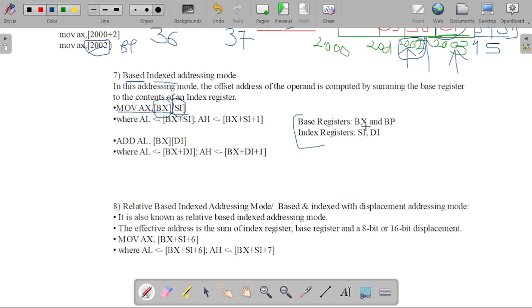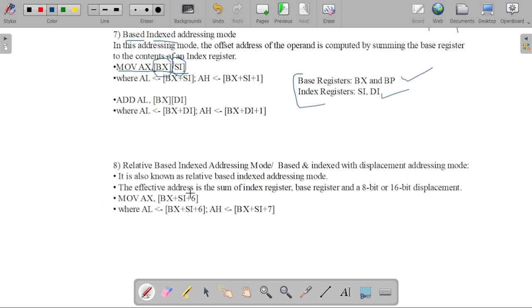So if the base register and the index register are there in our instruction, at that time we consider it as base index addressing mode. The next type of addressing mode is relative base index addressing mode, also called base and index with displacement addressing mode.